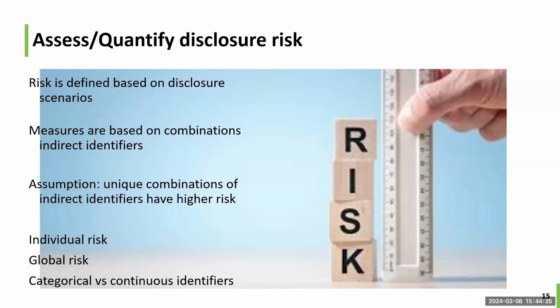That's how higher risk is defined. And then we talked about individual risk, global risk, and categorical versus continuous identifiers. So these are the things that the methods use as input for assessing the risk.